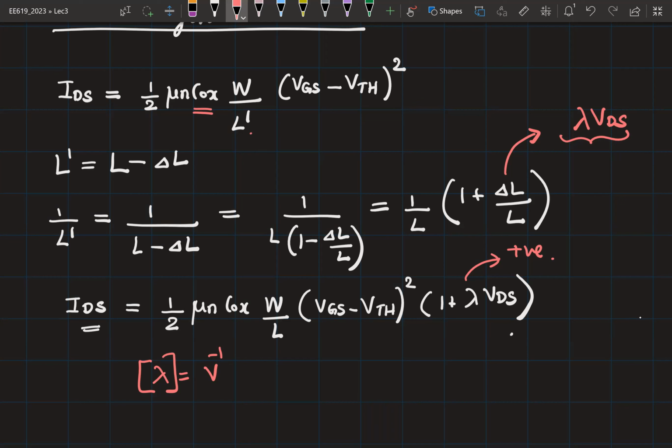So if you change your temperature by a large amount, or if you change the width or length of the transistor by a very large amount, then the results you get based on the equations that have empirical fitting need not match. So when you're dealing with equations like this, you also have to be aware of the situations under which the equation is valid.